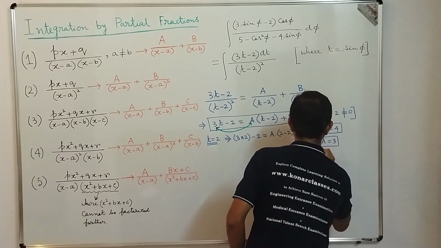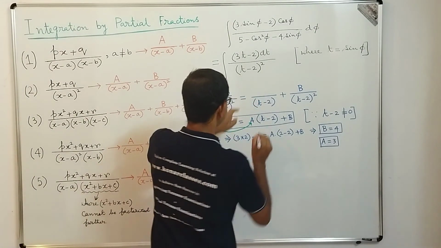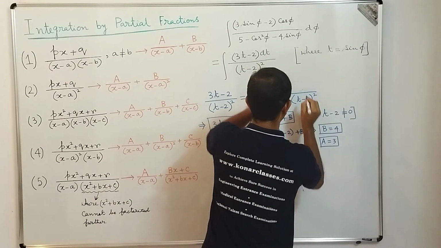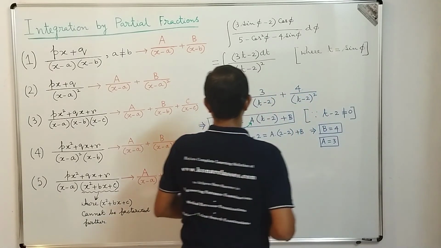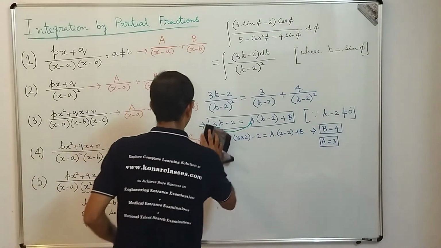Now in this entire integration, instead of A we can write 3, and instead of B we can write 4. So now, dear students, if we need to perform that integration, let me clean this portion.